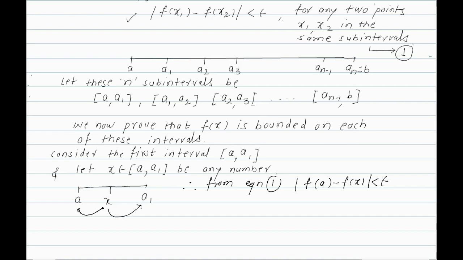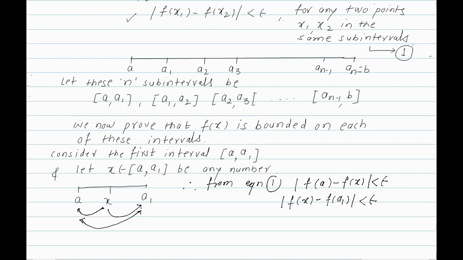So again from equation 1 we get mod of f of x minus f of a1 less than epsilon, because x and a1 are points in the same subinterval. Next we apply equation 1 to these 2 points a and a1.